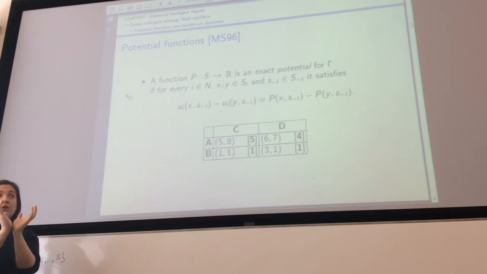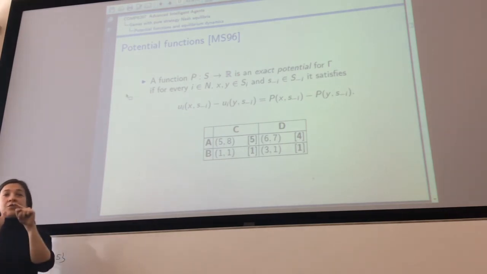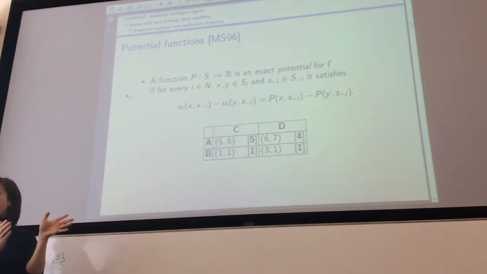And somehow, for every deviation, say, define the number for a strategy profile, player 1 changes his strategy in that profile, the change of the potential function should be exactly as the increment in his utility. Another player changes his strategy, the increment in the function should be exactly as the change in his utility. Right? So this is a very strong requirement, and not every game would possess such a function.